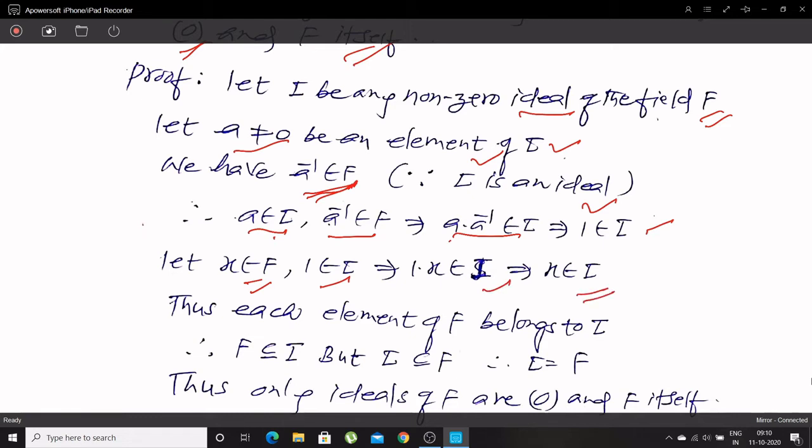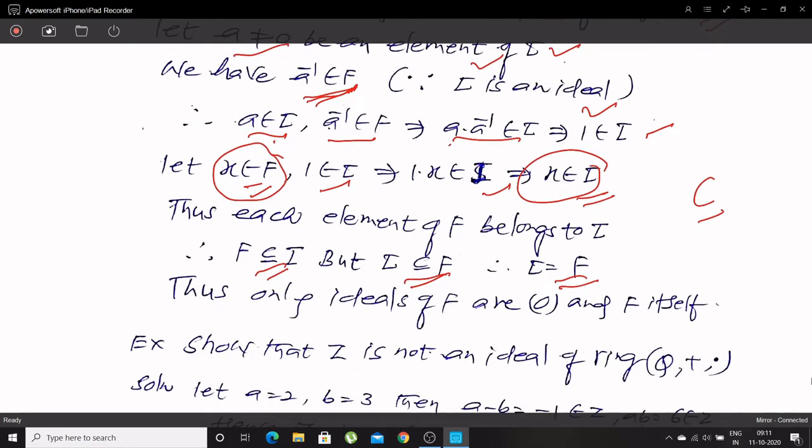What we observe here is, if x belongs to F, then x belongs to I. It shows that F is contained in I. Remember, by definition I is always contained in F. F is contained in I, but by definition I is contained in F. This shows that I equals F. What it indicates is that it has only improper ideals.